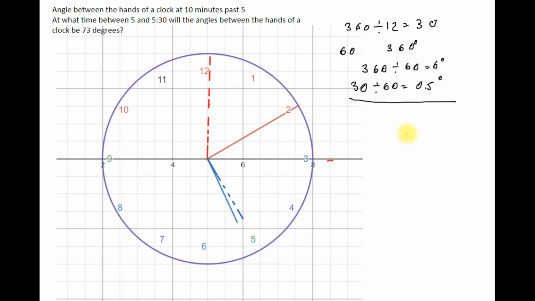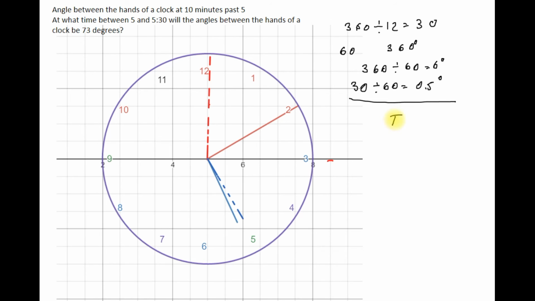Now, here we will use a little bit of algebra. We don't know how many minutes after 5 the angle between the hands will be 73 degrees. So we assume the number of minutes to be t. So t is the number of minutes after which the angle will have reduced to 73 degrees.